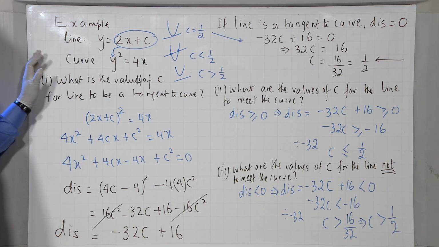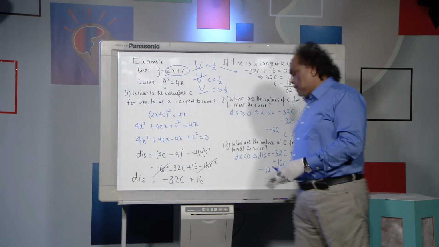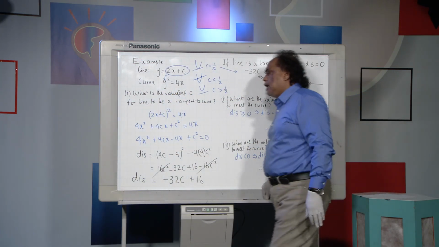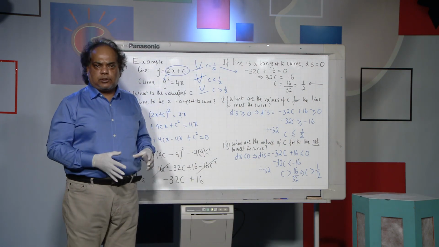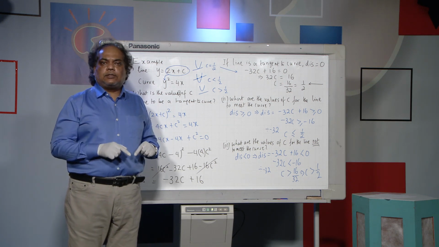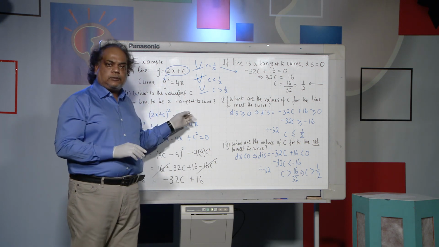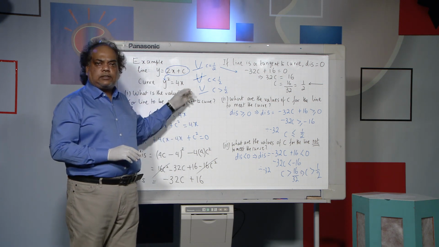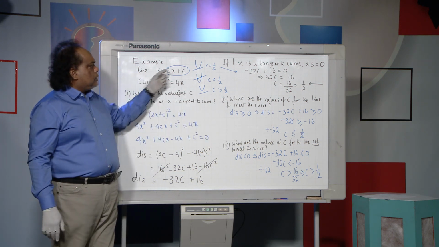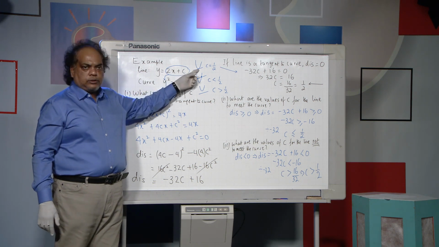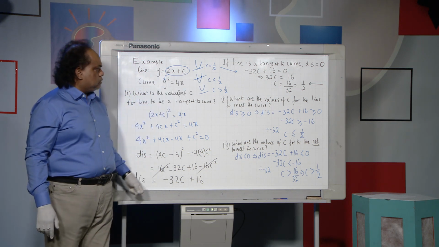So, we have used the discriminant here in order to understand the points of intersection of the line and the curve. In the first part, we learned about the discriminant and how it tells us whether the curve is going to cut the x-axis or not. In the second part, rather than taking the x-axis, we have taken a line. A line is going to be a tangent to the curve provided the discriminant is 0.